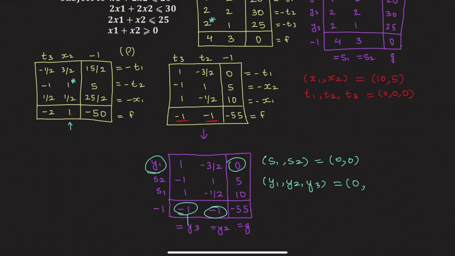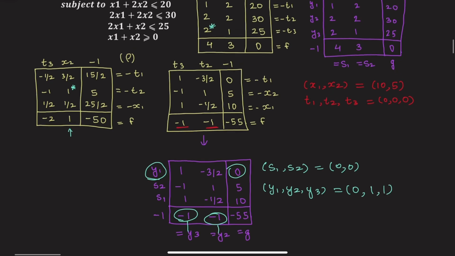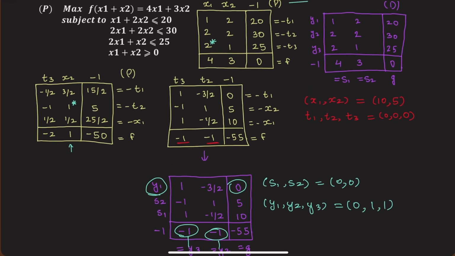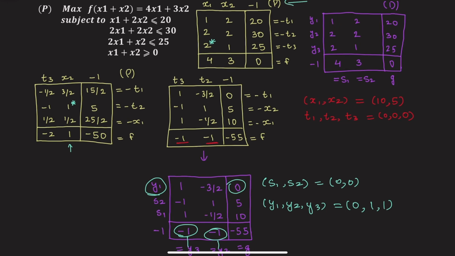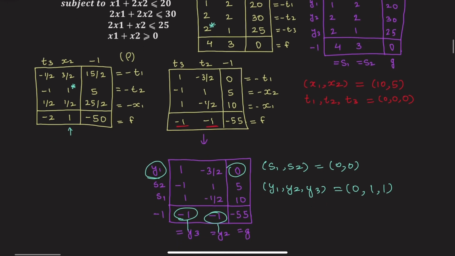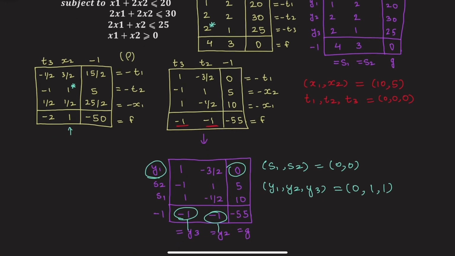These values are for y2 and y3. So just by solving the primal tableau using the simplex algorithm, we can also solve the dual problem.